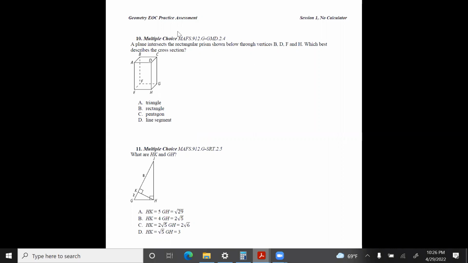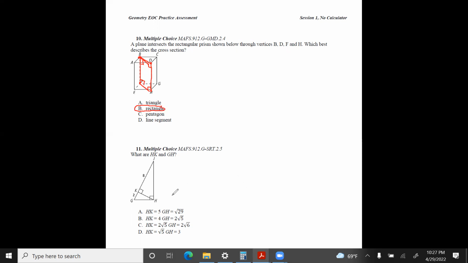A plane intersects a rectangular prism shown below through the vertices B, D, F, and H. So we have B, D, F, and H. Well, if I trace that out, you might be able to recognize what shape it is. Now, it is going on a diagonal here, so it might be hard, but these are all right angles. So this is a rectangle.